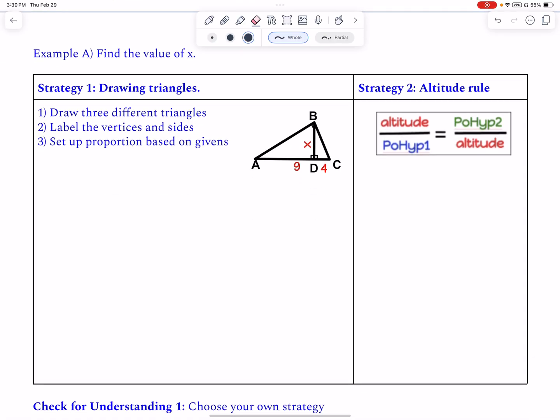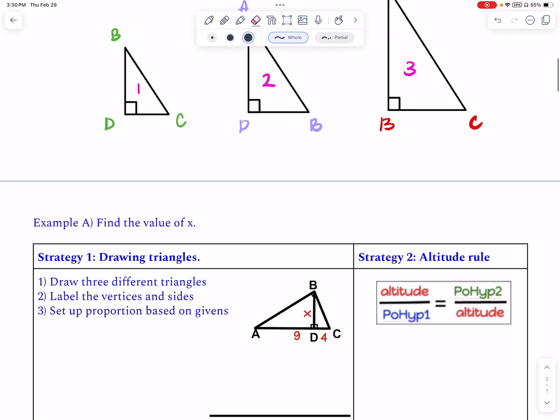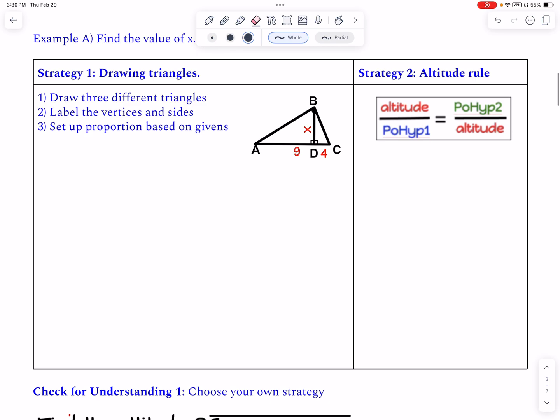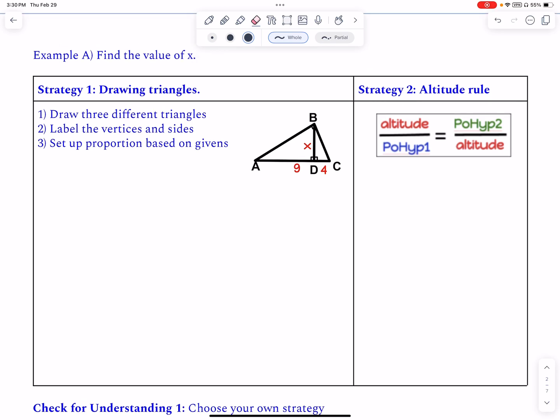Example A, find the value of x. So you're going to have two different strategies: drawing triangles, and then using the altitude rule. So step 1, draw the three different triangles. So I'll start with the smallest, triangle 1, triangle 2, and the largest, third triangle is triangle 3.